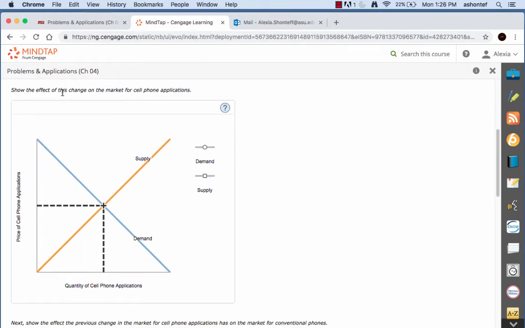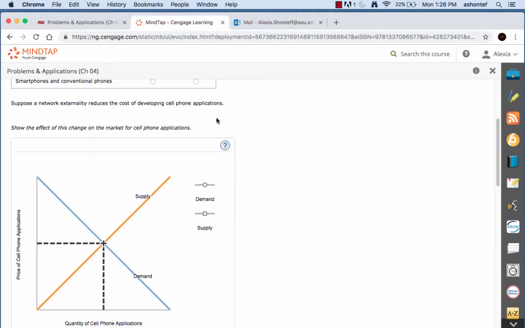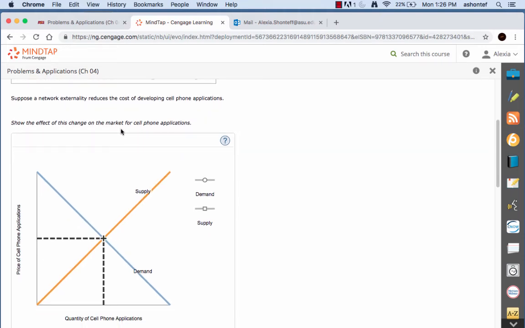And then it says, show the effect of this change. So what's the change? It says, suppose, so don't do what I just did, make sure you slowly scroll down. So it says, suppose a network externality reduces the cost of developing cell phone applications. So show the impact that this could have on cell phone applications. So it's basically told you the cost of producing this cell phone app has dropped.